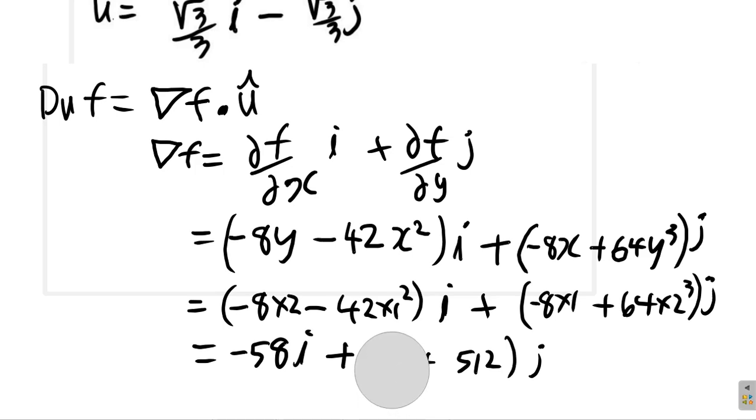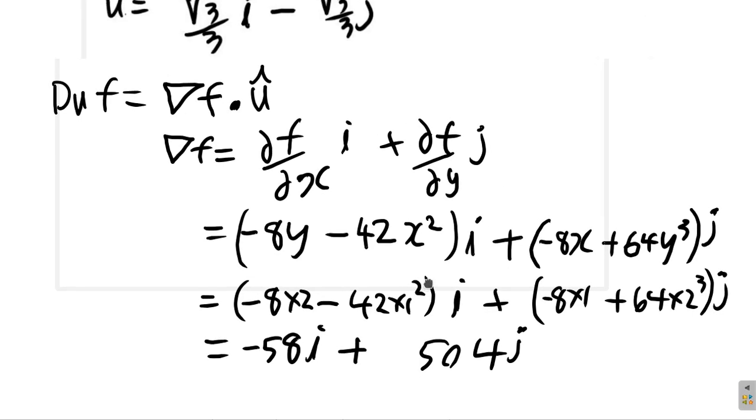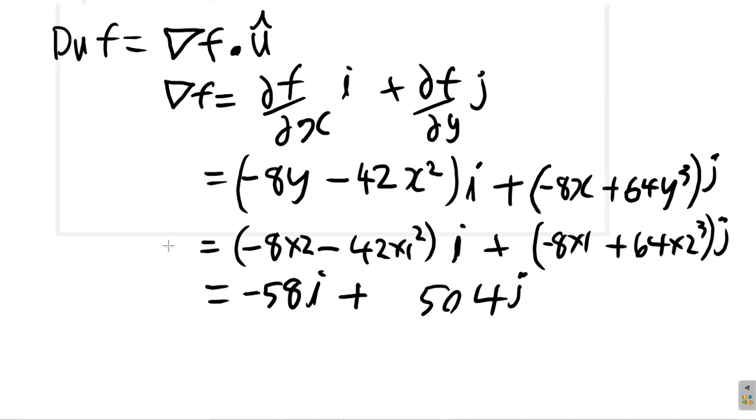So this amounts to 504 j. Alright, nice. That's what we have. So that's Nabla f. Let me write it here again.